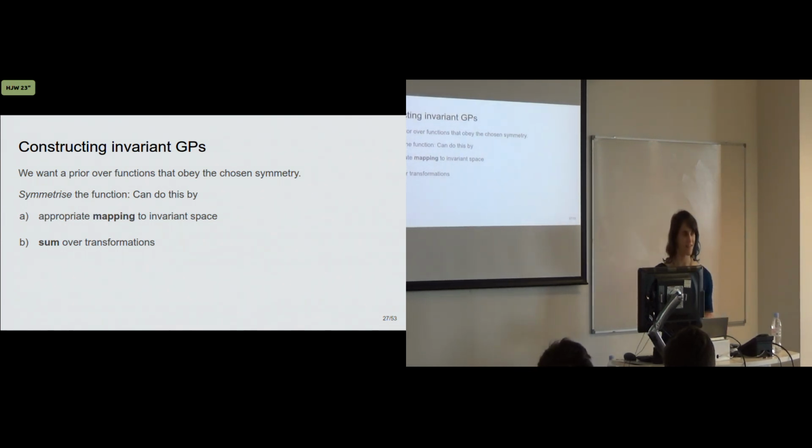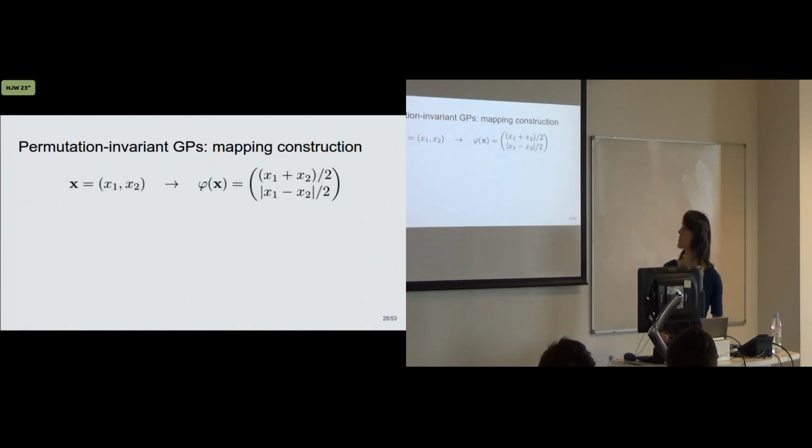But then so I'm going to present that on the next slide, and then after that there's going to be a somewhat more general way of constructing invariant GPs using sums, and I'll get to that in a bit. But first, if you have a mirror symmetric function, you could just map x1 and x2 to 2 different variables that allow you to only get back to x1 and x2 up to a permutation.